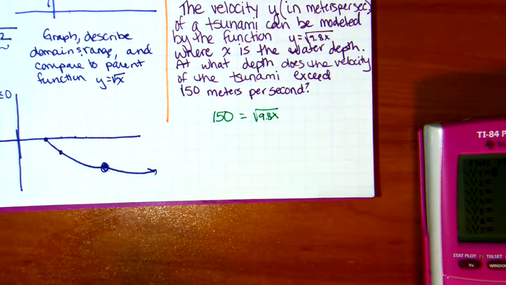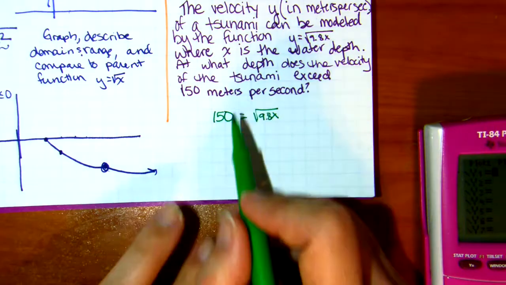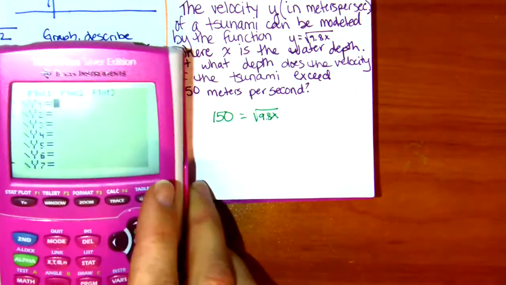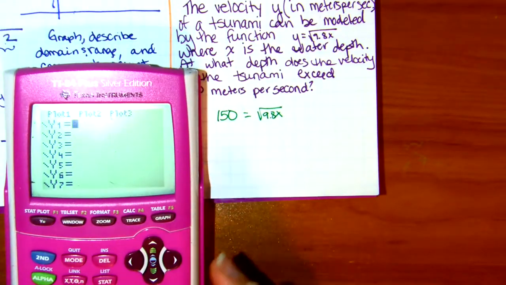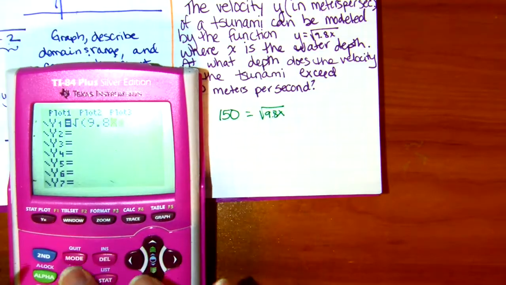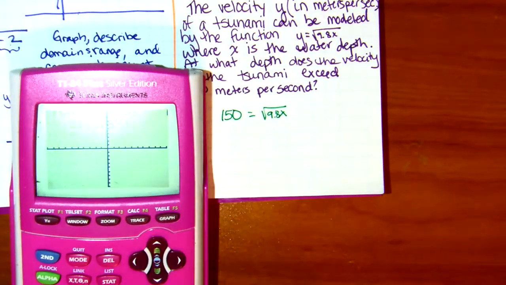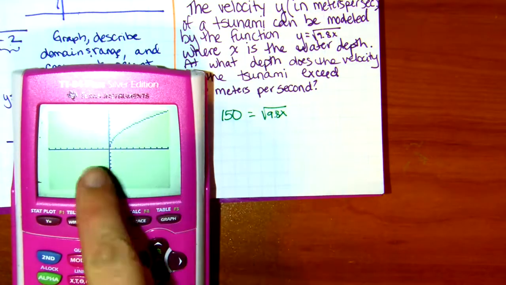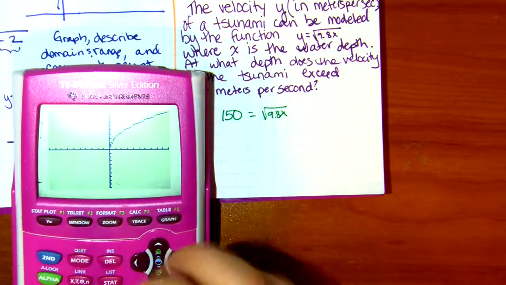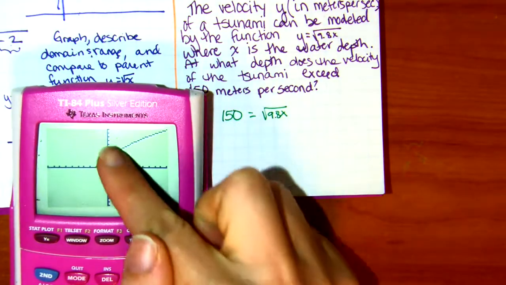So to solve this, I'm going to do it a little bit differently than the book. Well, I'll show you how the book does it first. We put in the square root of 9.8x. Now if I hit graph on that, I can't really see a whole lot. Remember, x is representing the depth, y is representing the speed, and I want to know when the speed is 150.